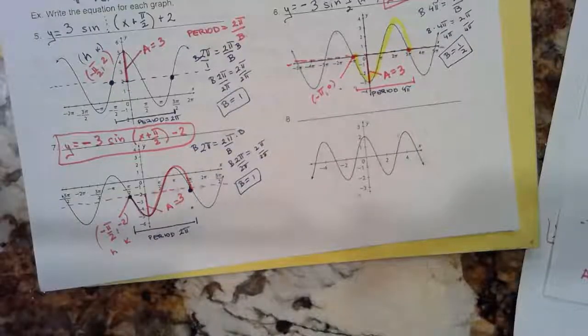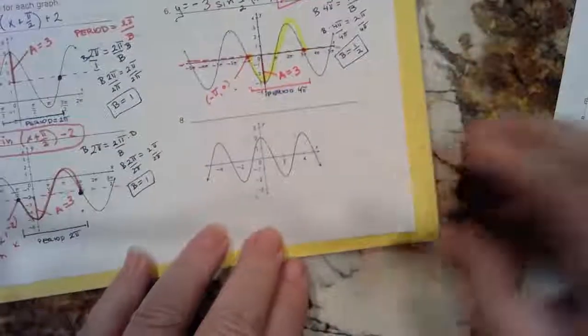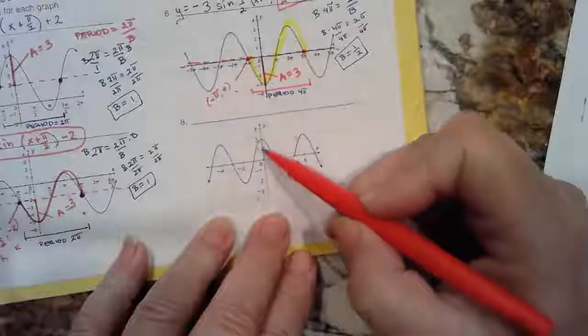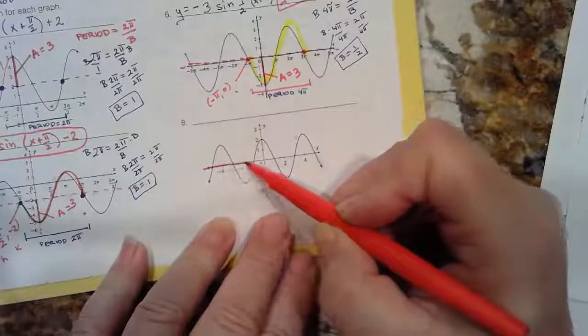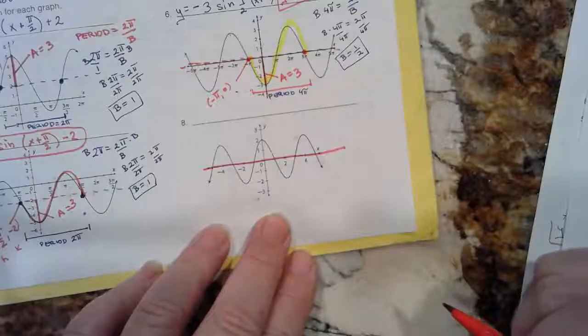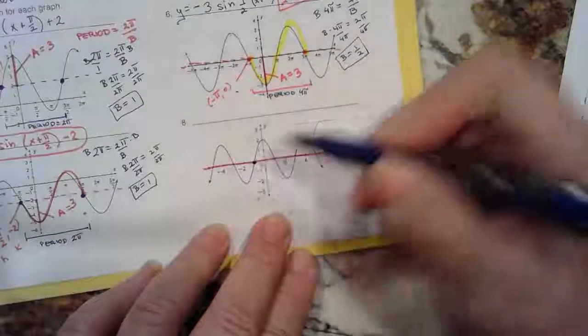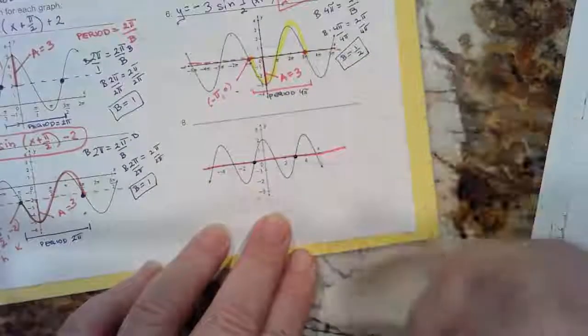So this is your equation. And last one, yay! Okay, so for the last one, let's see if we can identify where the midline is first. So notice this is 2, this is 2. So my midline would be right on the axis. And so now I'm going to start here. I'm going to go up, down, over, and I'm going to stop here.